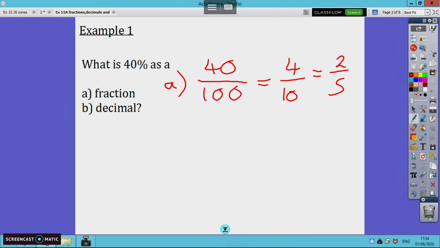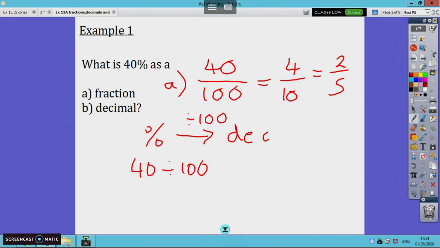Now, how we go from percentage to decimal is we divide by 100. So everything moves right 2 places. So what's 40 divided by 100? It's 0.4. So 40% as a decimal is 0.4 and as a fraction is 2/5.